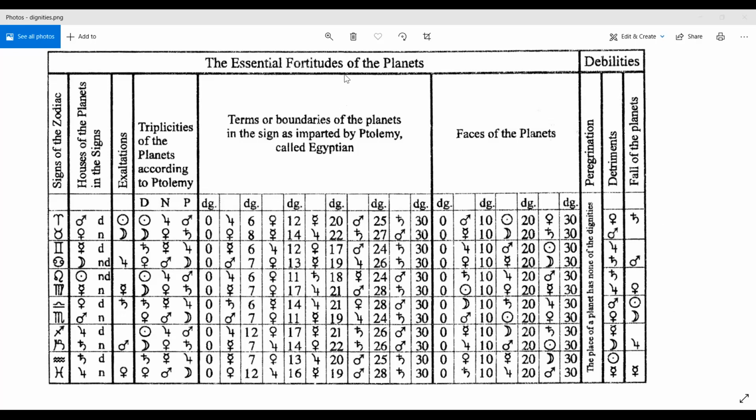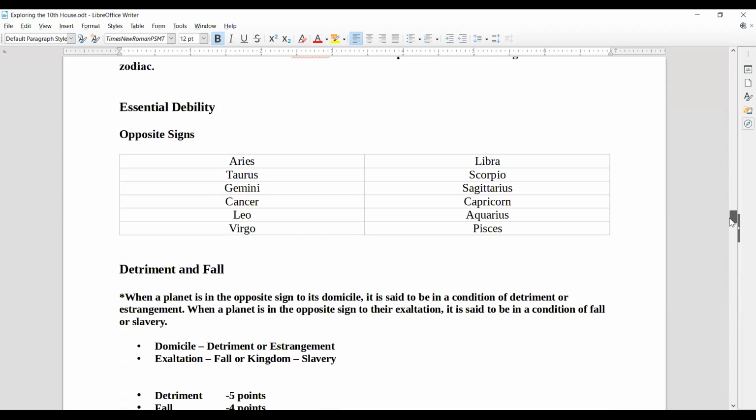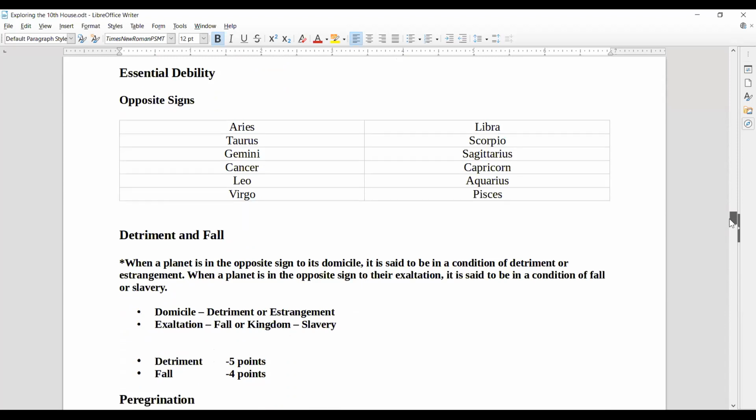Okay, so I'm going to go back now to my other sheet. And we're going to just deal with this essential debility thing. I can go back to the chart, or actually you should have it open. So you can either, or you should have it kind of open, or you can be looking at this as well.